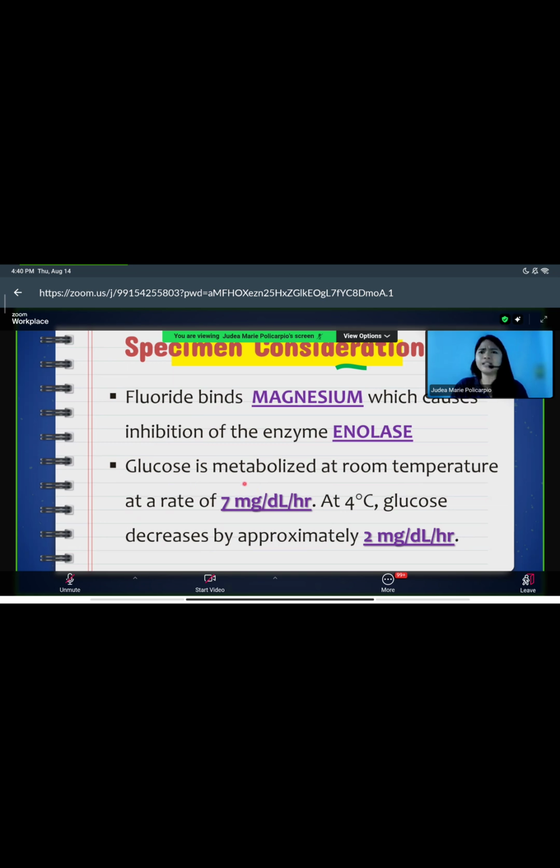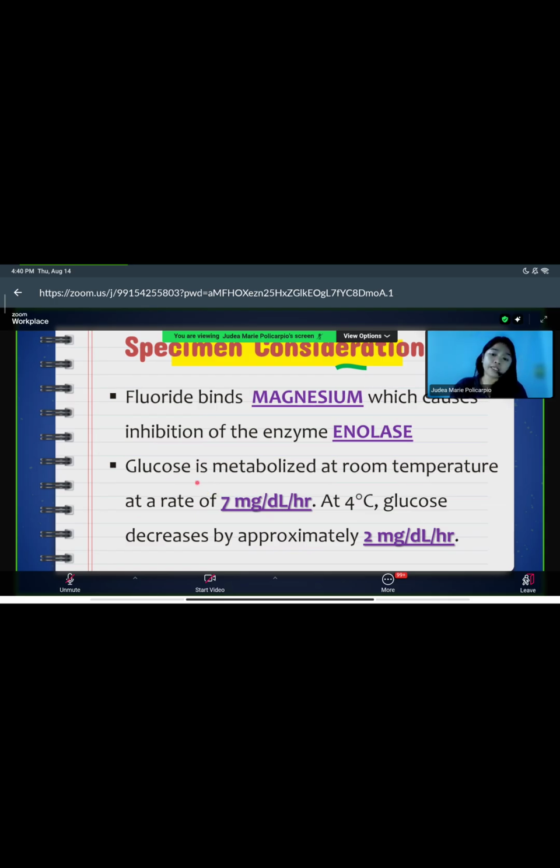Kahit ilagay mo siya sa ref, kahit ilagay mo siya sa refrigerated temperature, nababawasan pa rin ang glucose ha. It is metabolized at a slower rate, 2 milligrams per deciliter per hour. Bottom line, nababawasan pa rin. Lagay mo sa room temp, mabawasan. Lagay mo sa ref, mababawasan pa rin. So therefore, how do we prevent yung pagbaba ng glucose sa specimen natin?